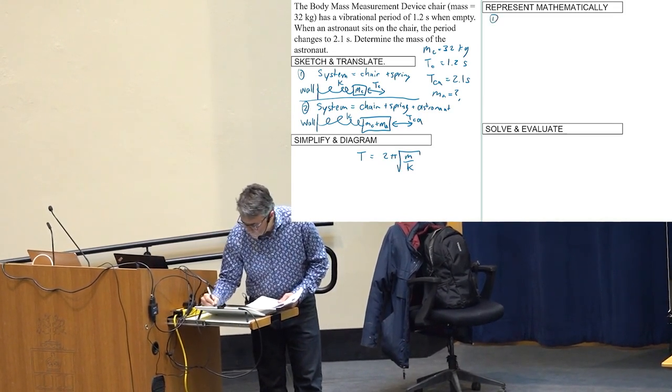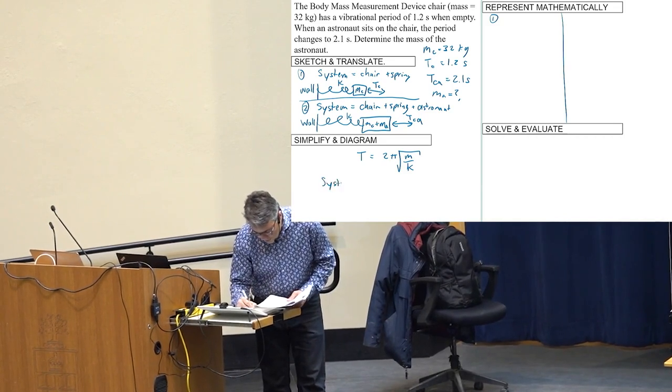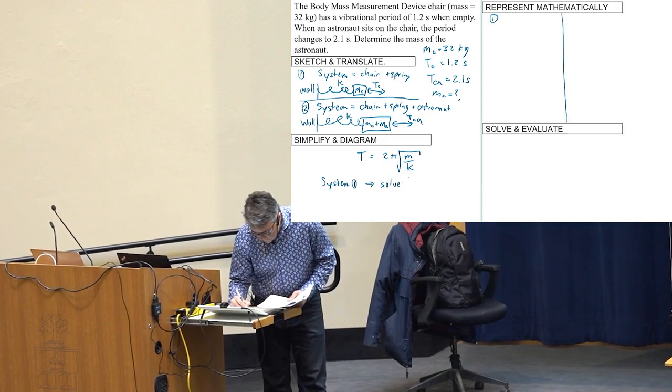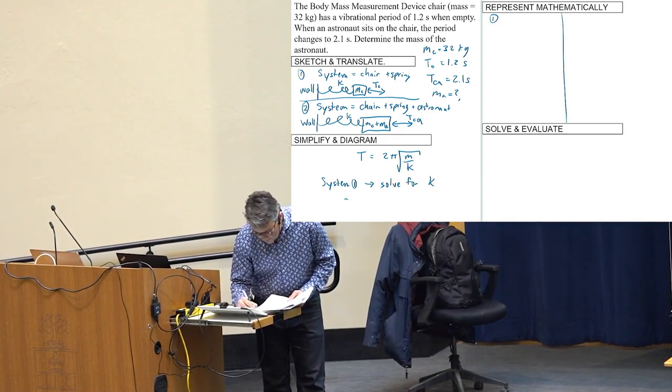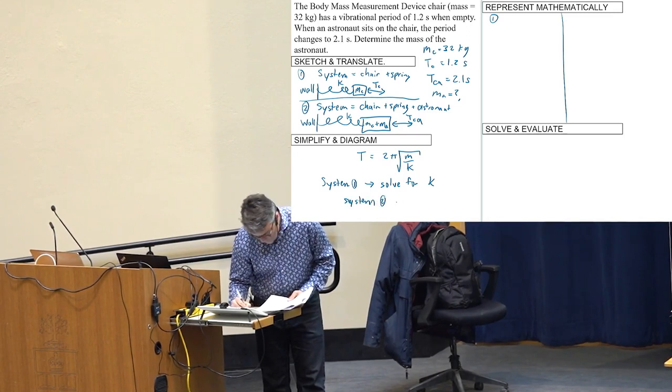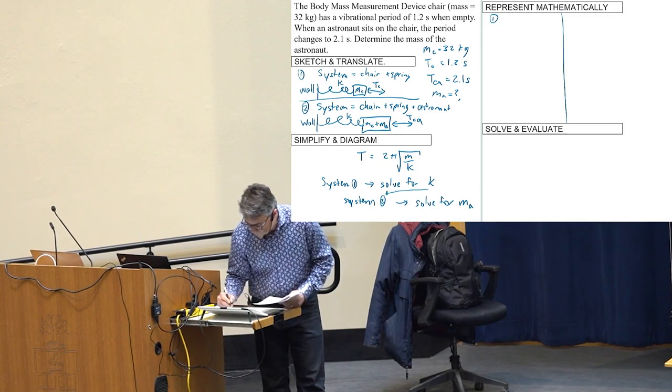System 1, we can solve out. So system 1, this is our strategy. Solve for k, which we don't know. And then system 2, solve for m sub a. We're going to plug this into here.